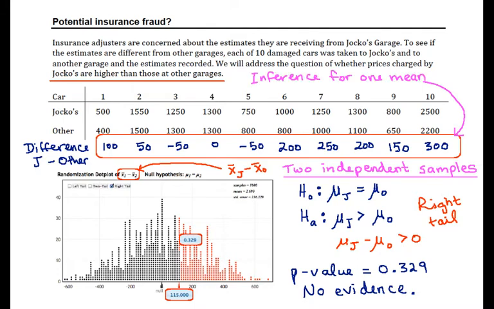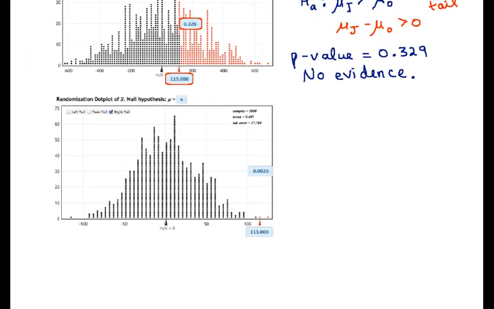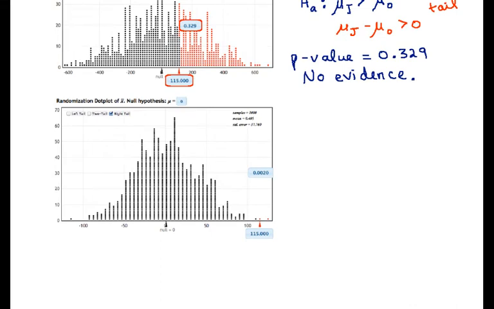Inference for one mean on that data set of differences is what we have in this next graph. Notice that this is now a randomization dot plot of x bar, just a single x bar. That is the mean of the differences instead of the difference of the means. In calculating a single value, it doesn't matter whether you take the differences and then average them, or you average and then take the differences.